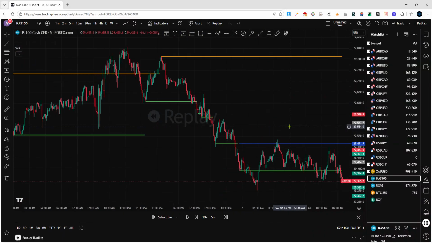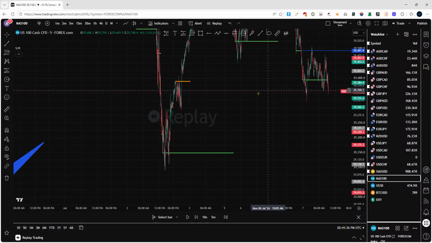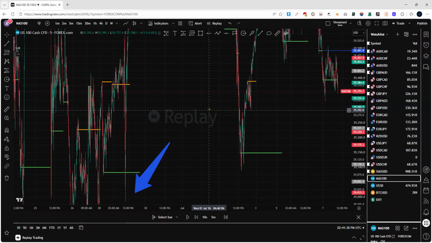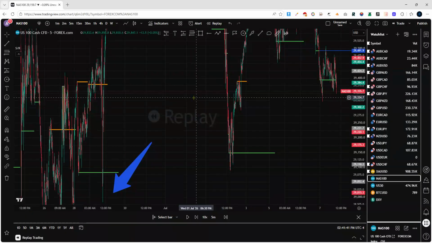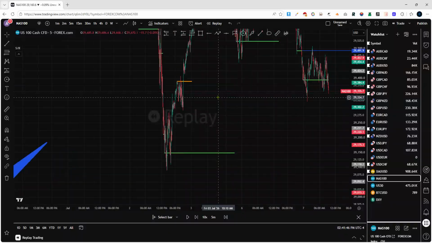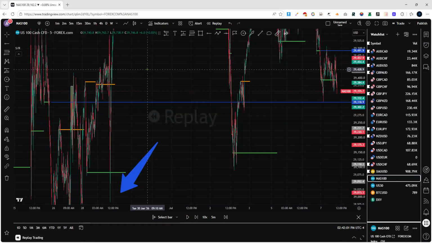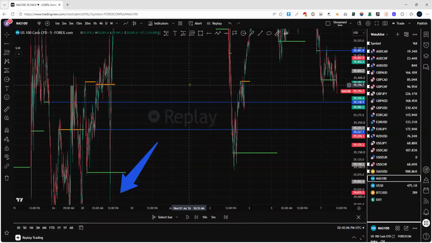So now that I go back into the 5 minute, what am I looking for? Let me zoom out a little bit and go to the left. If I look to the left, I see a couple of zones, but what stands out to me is this zone right here and this zone right here. On pre-market, I use a support and resistance indicator.